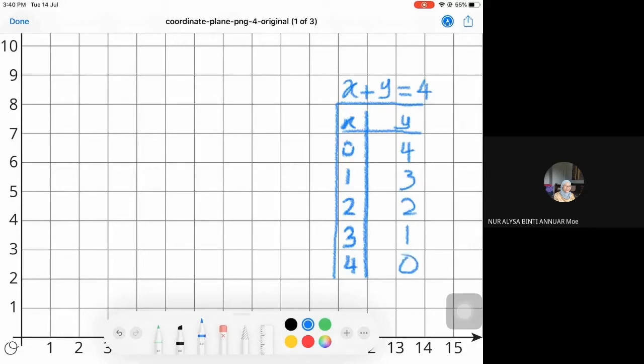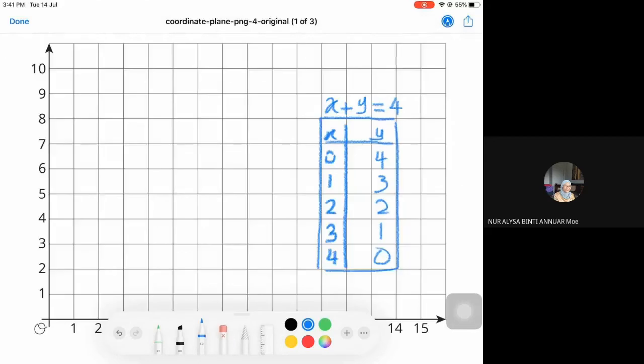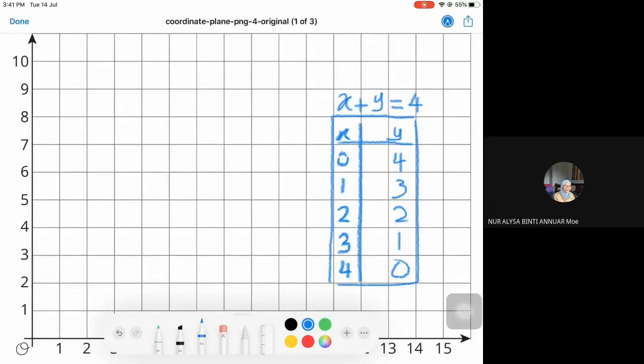Now you already have 5 pairs of coordinates. So we can plot these values on this graph. Okay, so number 1, this is 0, 4.